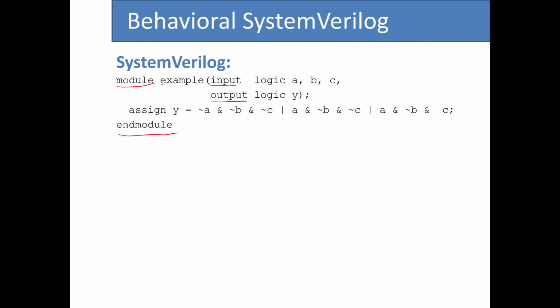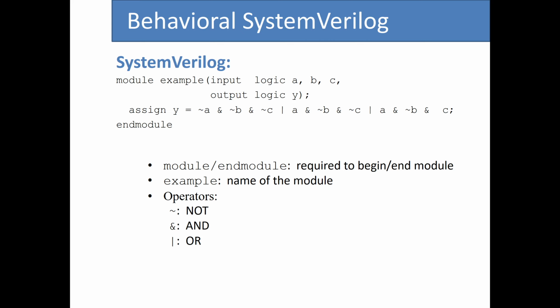We have this name, example, and we can guess that this is the name of the module that we are creating. Inside this module, we have this term, which says assign y equals, and then some code that we don't know what it is yet.